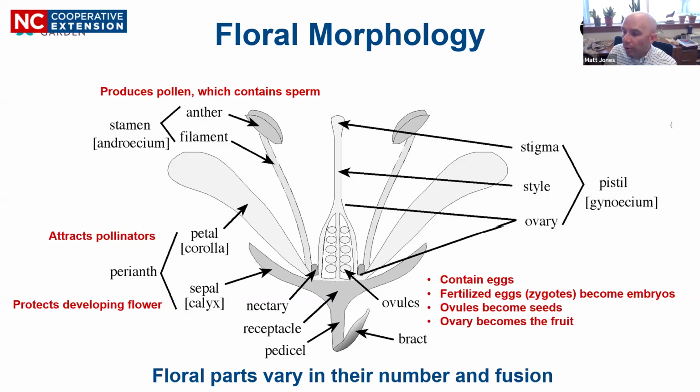The name of the whorl is in brackets here, and the name of the units of that whorl are above the name of the whorl itself. So going from outside to inside, the whorls are called the calyx, the corolla, the androecium, and the gynoecium, composed of sepals, petals, stamens, and pistils, respectively.